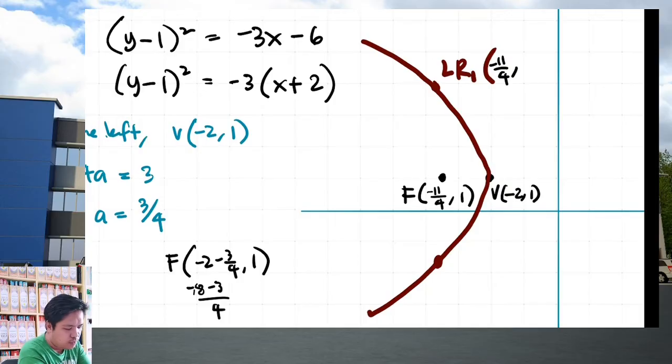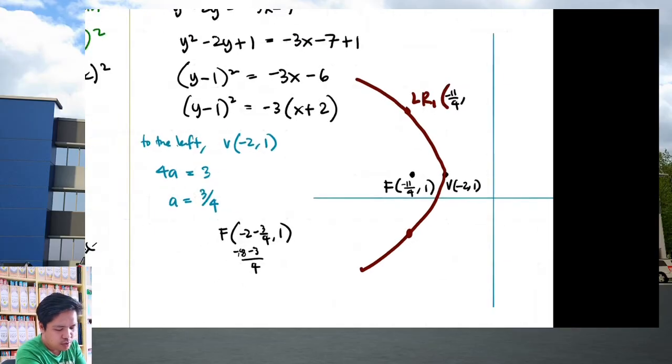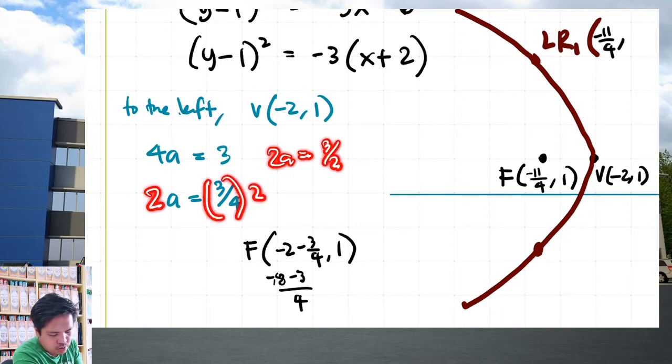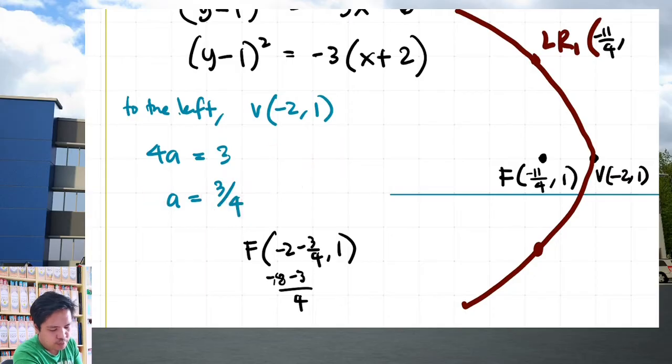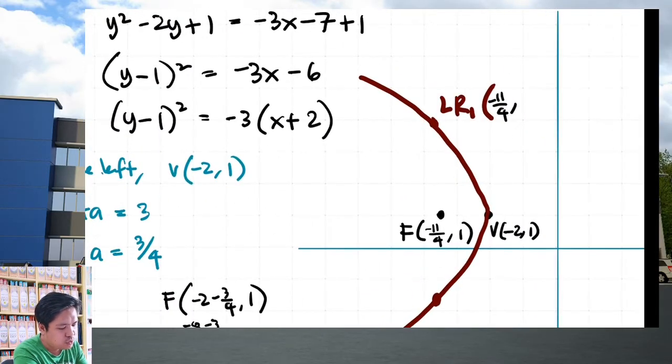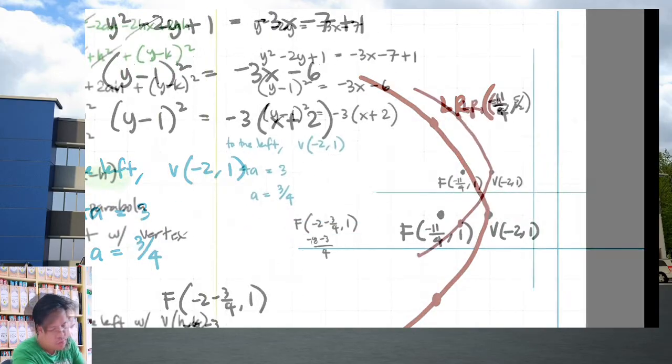Now, the ordinate is just from here, mag-move tayo ng 2a. So, ang 2a natin, that would be 3 over 2, right? We multiply this by 2. Okay. So, that's 3 over 2. So, that would be 1 plus 3 over 2, 5 halves.